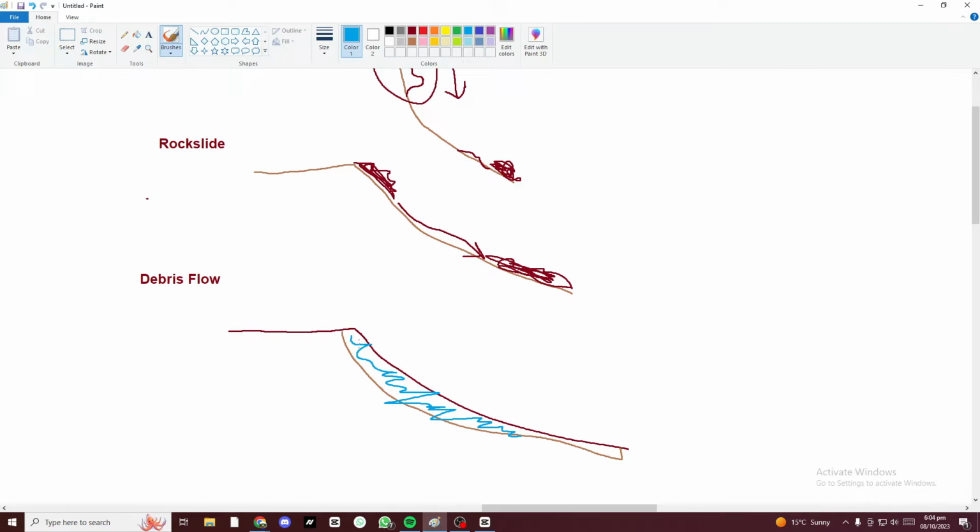This makes the soil unsteady, meaning that the frictional forces and cohesive forces are not as strong, and this will cause a debris flow, which basically means the side of the mountain will just slide off and it will end up at the bottom. Yeah, that's about it. Then we get to mud flows.